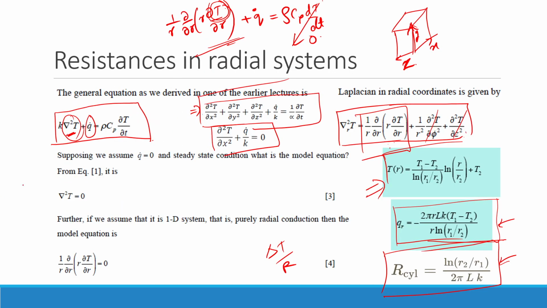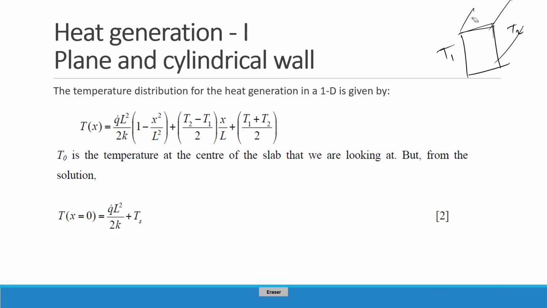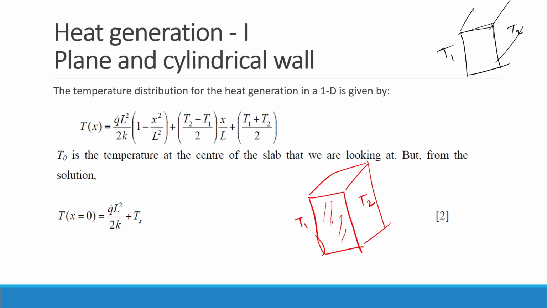So if we expand this, given this equation, I have this rectangular block, where at one surface my temperature is T1, at the other surface the temperature is T2, and some heat generation is occurring through the center of this block by this q dot.